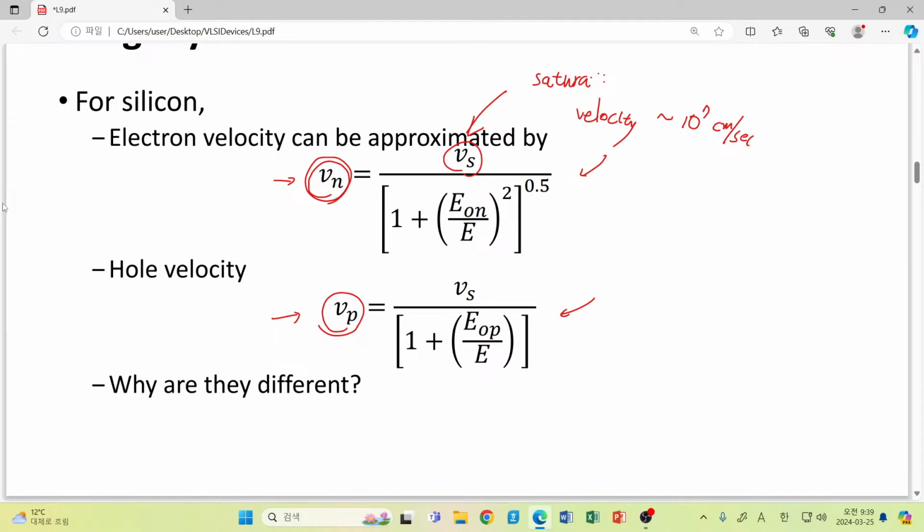Now let's consider two different limiting cases.